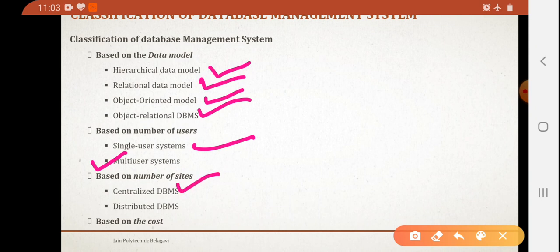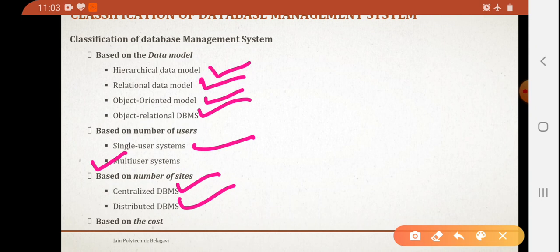In a distributed DBMS, the actual database and DBMS software can be distributed over many sites, connected by a computer network. So this is based on the number of sites.